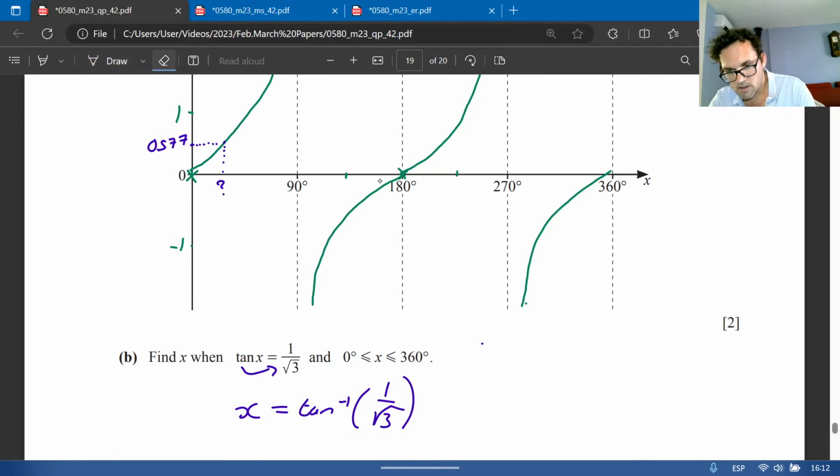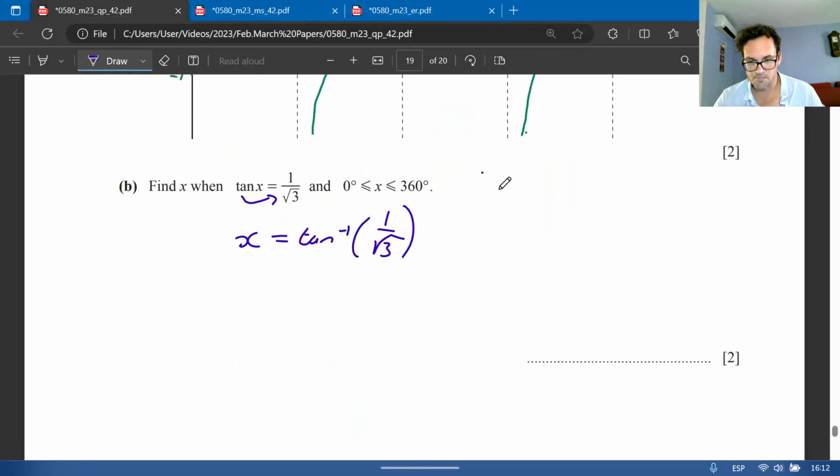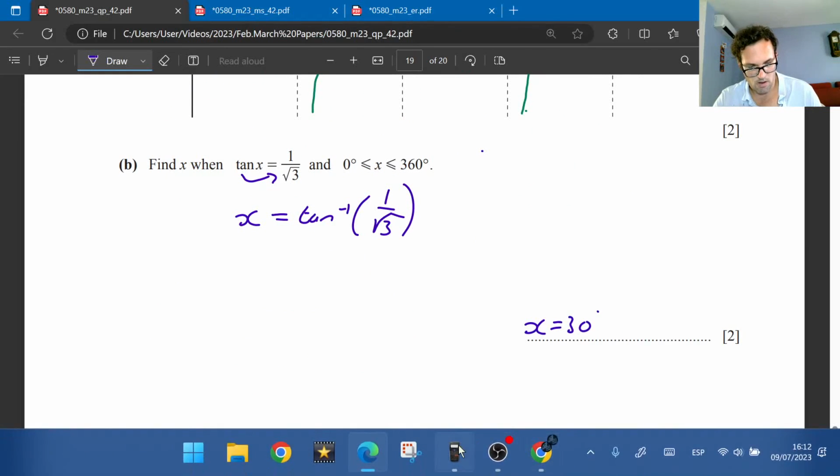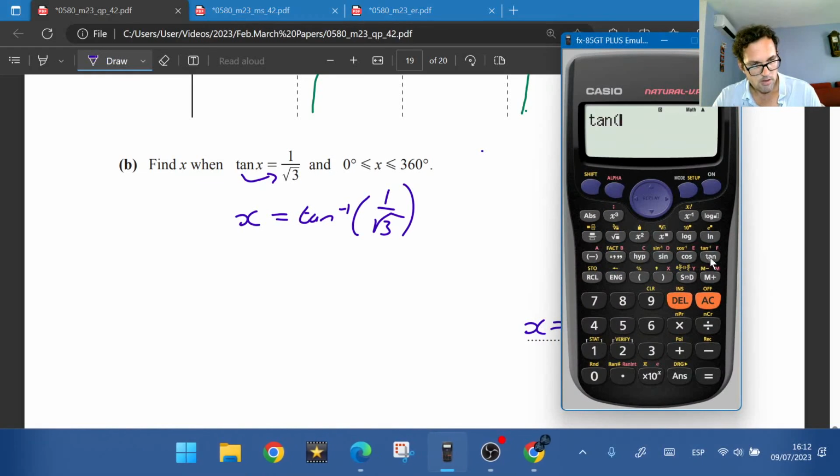That means when tan 30 degrees, it will give us 0.577 using my graph. Does that make sense? So that means x equals 30 degrees because tan 30 degrees equals 1 over square root 3, which is 0.577. Different way to write it.